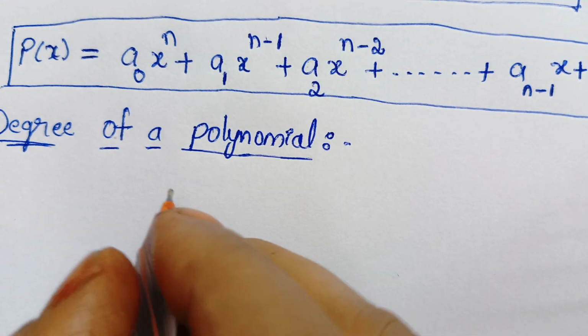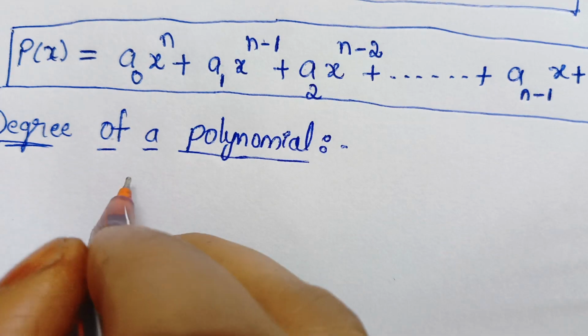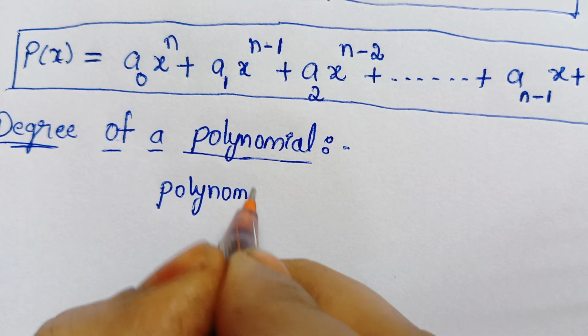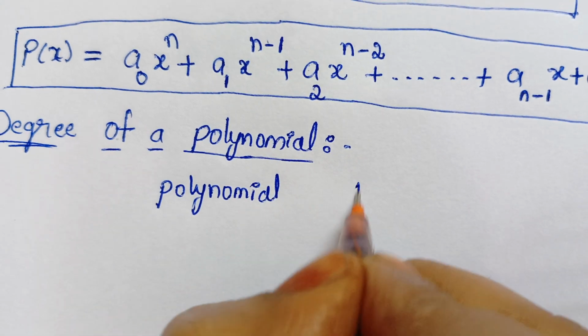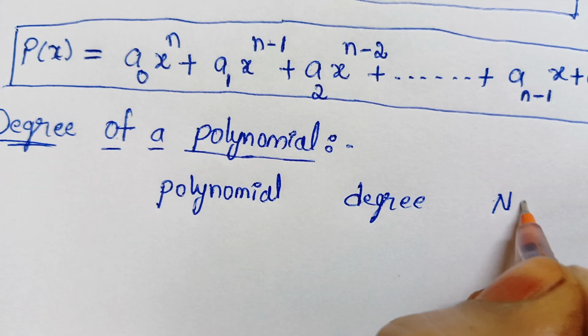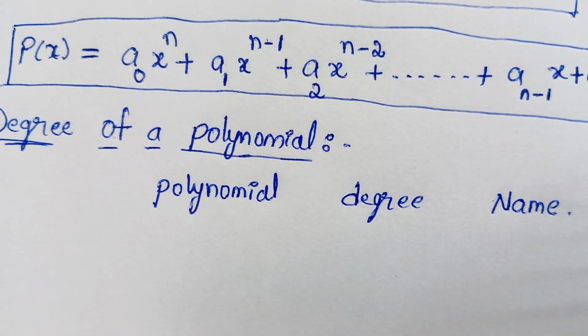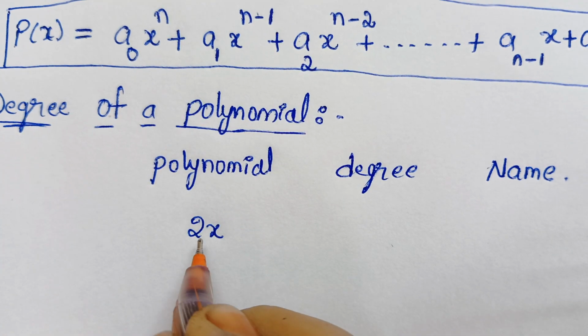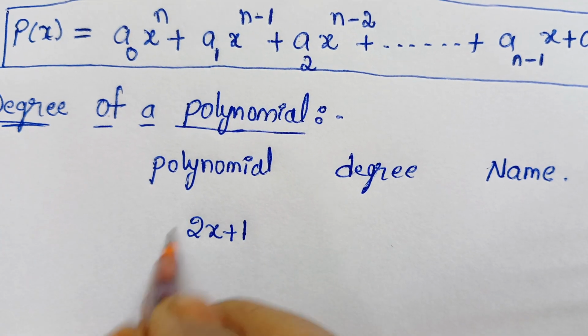Let us consider this in tabular form: the polynomial, the degree of the polynomial, and what that polynomial is called. Here, 2x plus 1 is a polynomial.